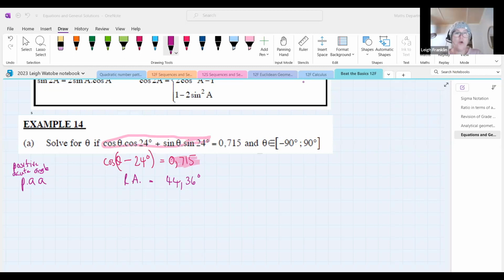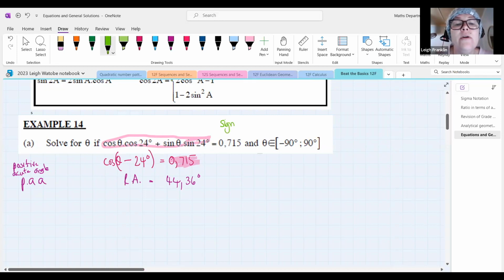Okay. So now, based on the sign, not the SIN, but the sign, SIGN, of our ratio, which is positive. In which two quadrants is cos theta positive?